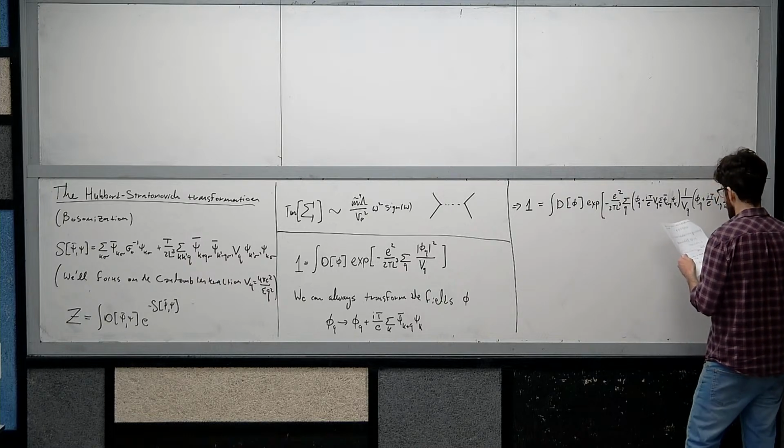Sum over k prime, psi bar k prime minus q, psi k prime.